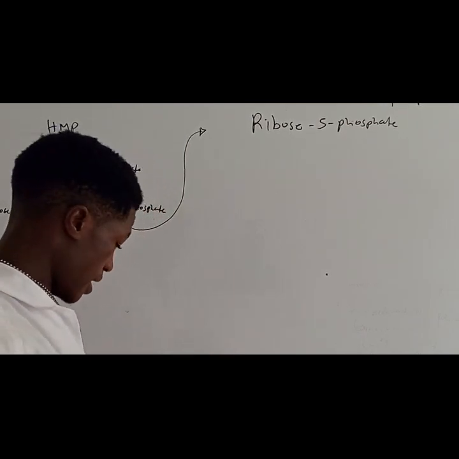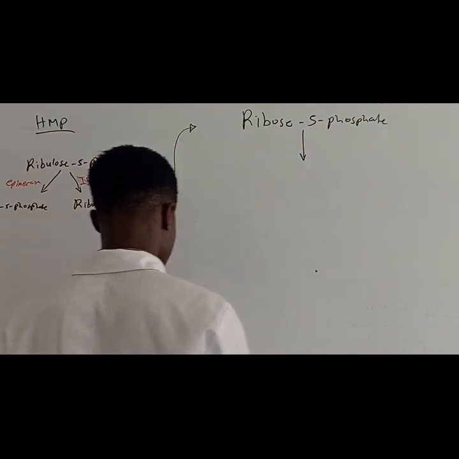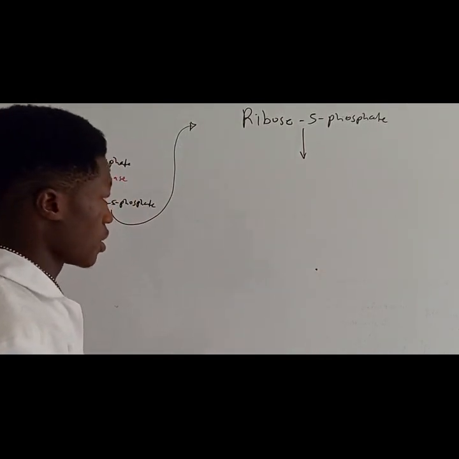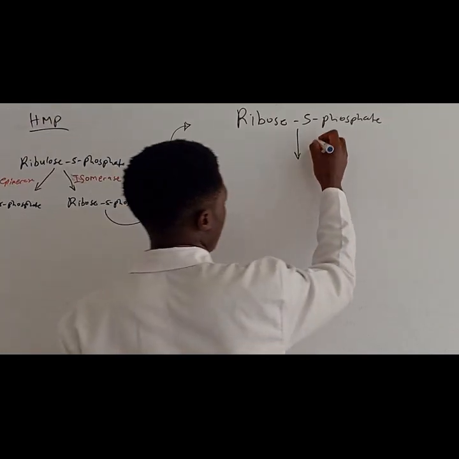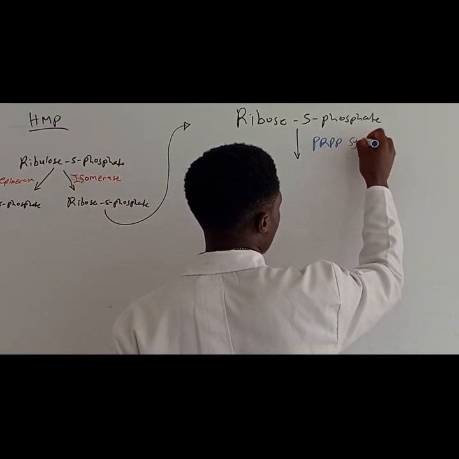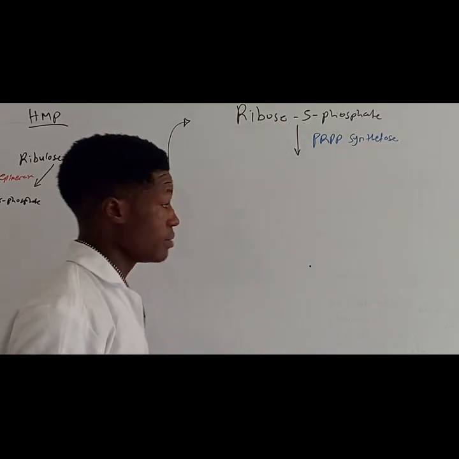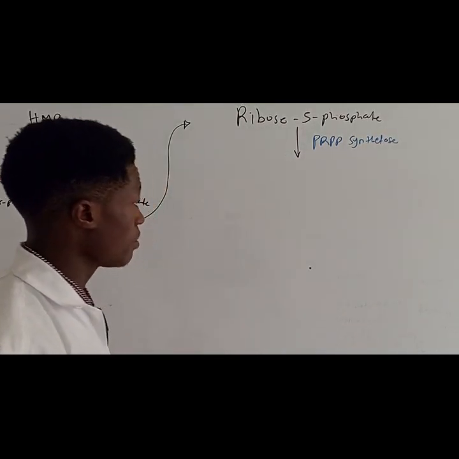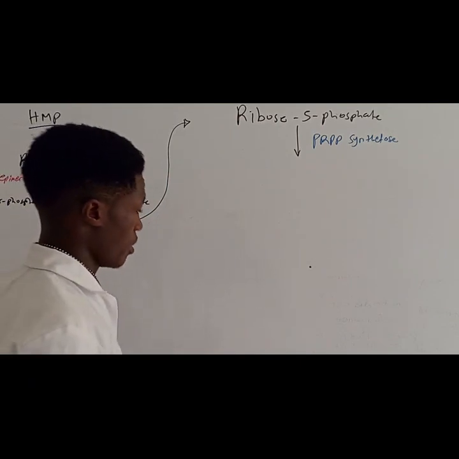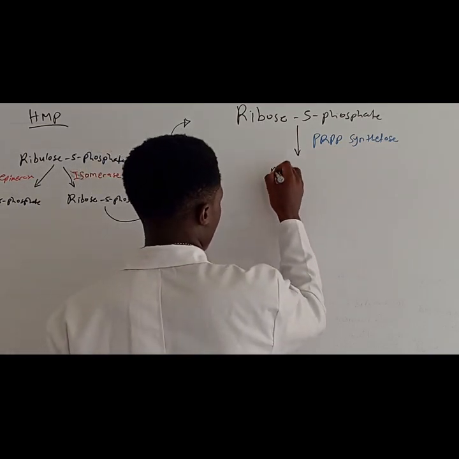Now, what is the name of this enzyme? This enzyme is called PRPP synthetase. PRPP in full simply means 5-phosphoribosyl 1-pyrophosphate. So we are going to form a new molecule called PRPP.